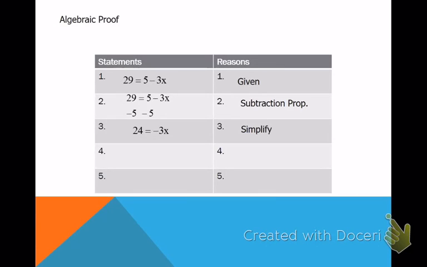And of course, from here we're going to divide both sides by negative 3 using the division property, right? And then from there we're going to actually divide everything out. We're going to simplify. Get x equals negative 8, and that's the reason we're going to use too, is simplify. Okay? And that's it. That's all there is to these two column proofs.